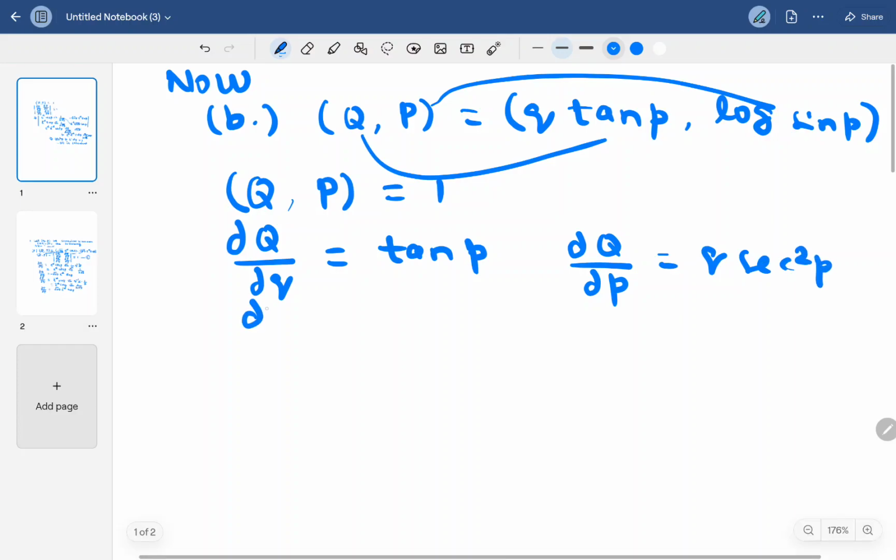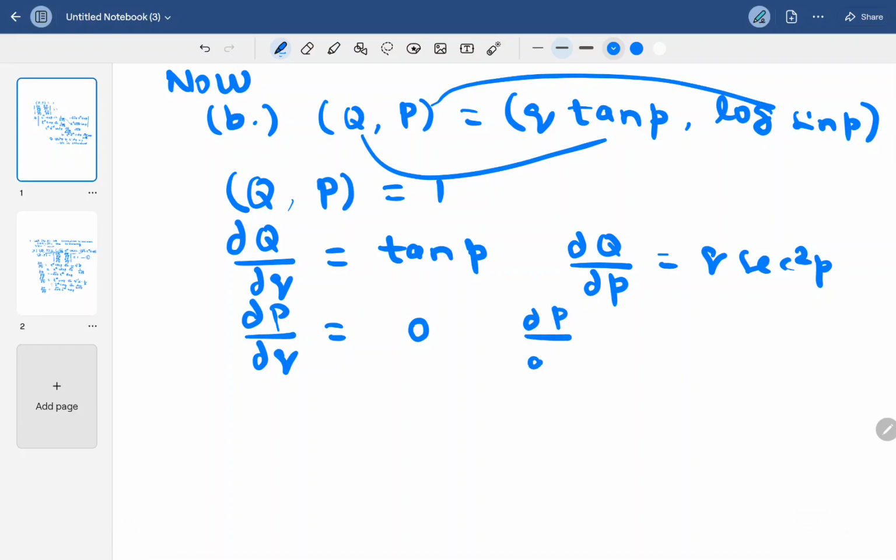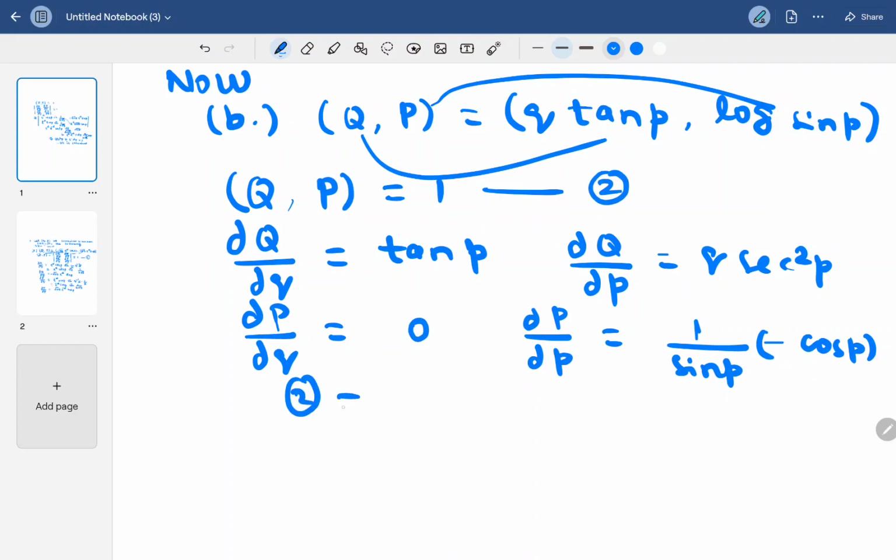secant square P. Dou P by dou small q. There is no term in terms of Q, so 0. Dou P by dou small p. Log sin P becomes 1 by sin P. For sin P, differentiation is minus cos P. Substitute all the values in equation 2.